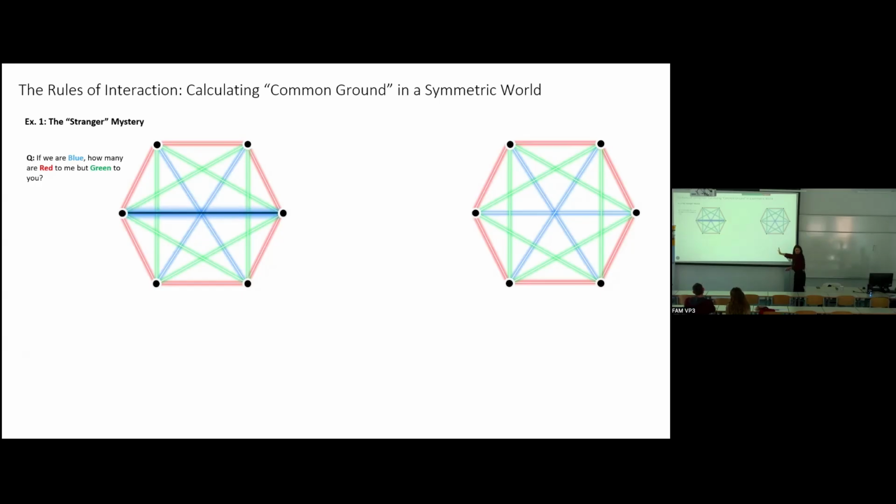I pick any blue connection, blue edge, and I want to count this triangle. Because it is a very nice and easy picture to handle manually, we can easily see that for this fixed one, we have 2 triangles like this. So the answer is 2. But the magic is the fact that this is true for any blue pair.